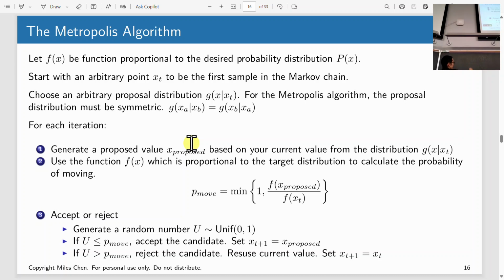Now remember, the marginal is a constant, the integral of which equals 1.